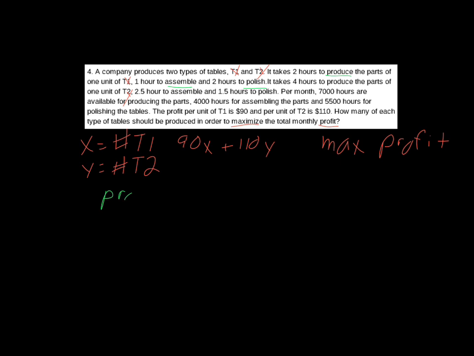So production: for T1 it takes 2 hours to produce it. For T2 it takes 4 hours. How much is allotted to production? No more than 7,000 hours. Next is assembly.